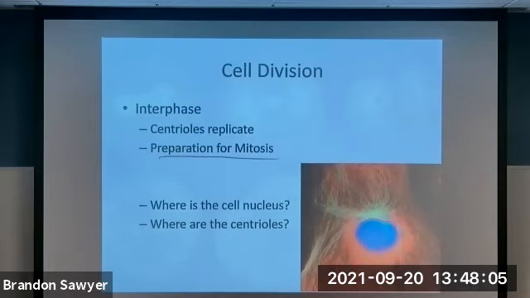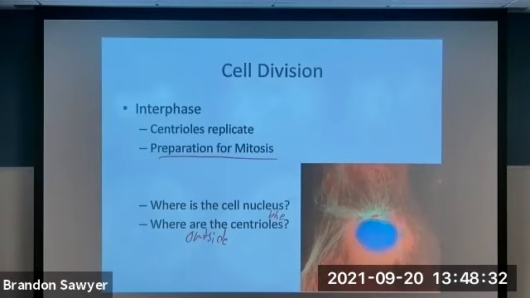You can see the cell nucleus there in blue, and those centrioles are developing here, starting to have these strings coming out. The key is that they're outside of the nucleus. That's the key part of seeing that there. Okay, so that's interphase.